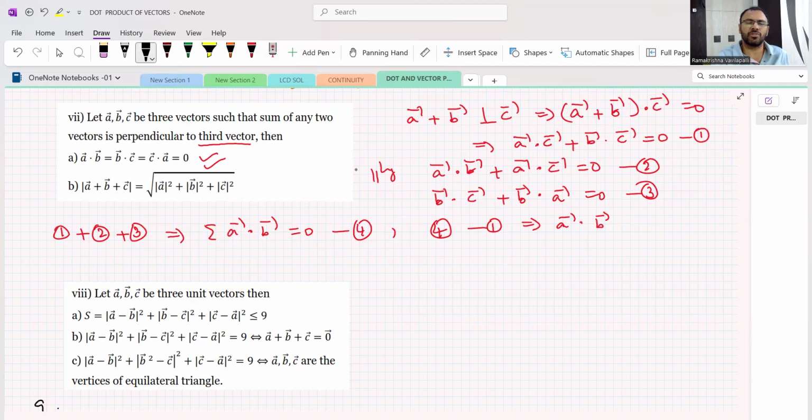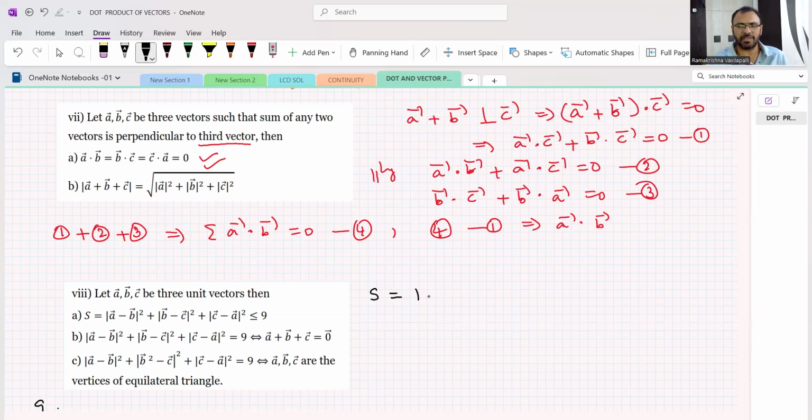So here you see that S can be expanded very easily. Modulus of A bar minus B bar whole square is nothing but mod A square plus mod B square minus 2 A bar dot B bar. Here A bar, B bar, C bar are unit vectors, so mod A bar is 1, mod B bar is 1, mod C bar is 1.